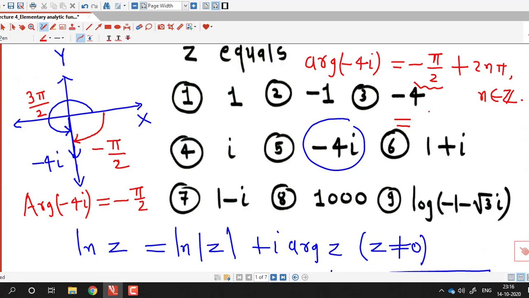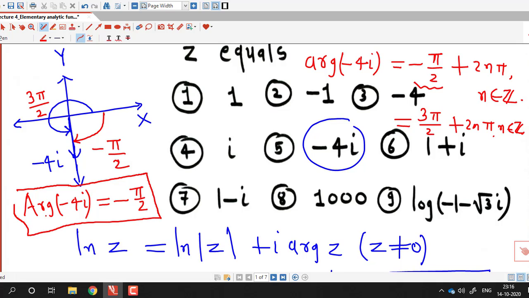If you wish, you can write the argument of minus 4i as 3 pi by 2 plus 2n pi also. That is your choice. Both are correct, but the principal argument is always minus pi by 2 for minus 4i, because we require the angle between minus pi and pi.